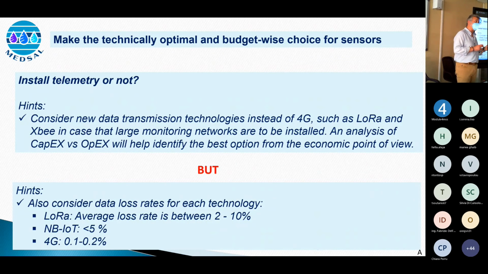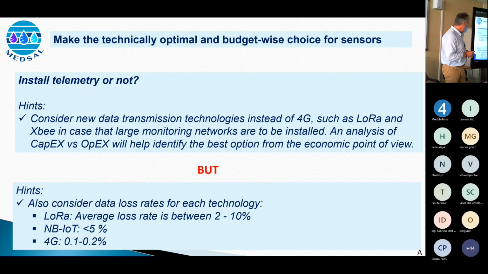You don't need to have the same type of sensors to use a LoRa protocol or an XB protocol. This system accepts the signals from all kinds of different sensors to be transmitted. So it could be water meters, it could be water levels, it could be electric conductivity, pH, ORP, and whatsoever.